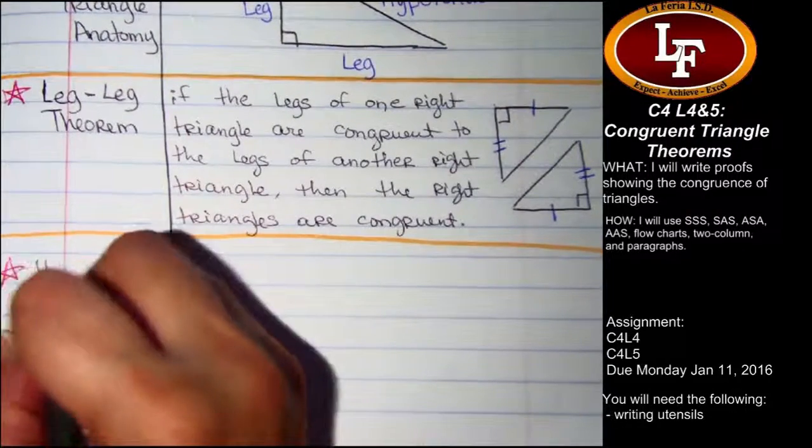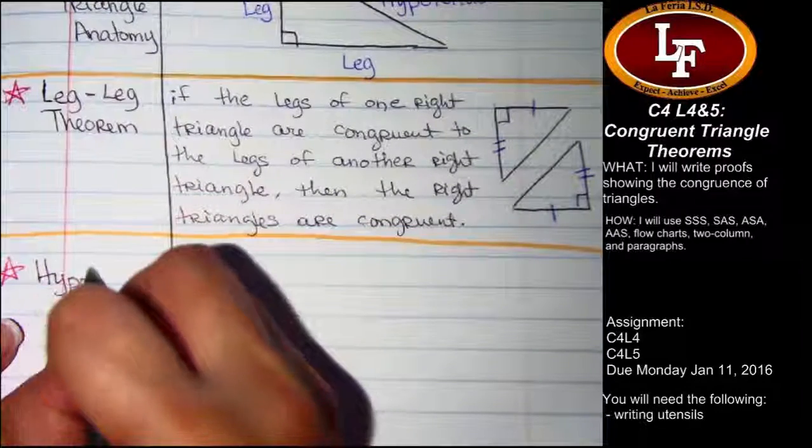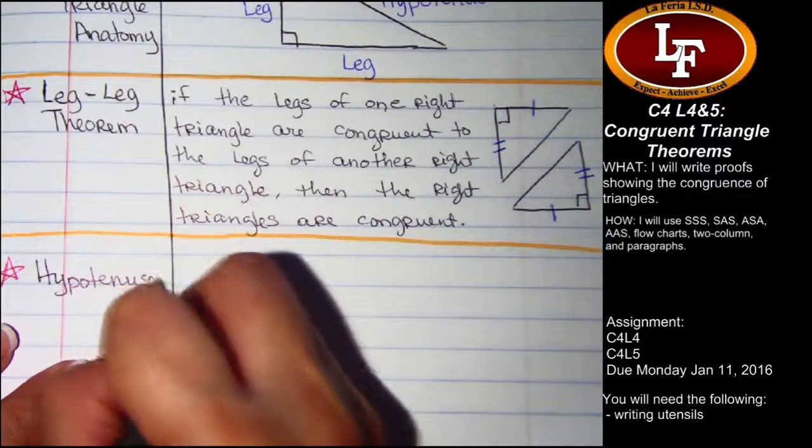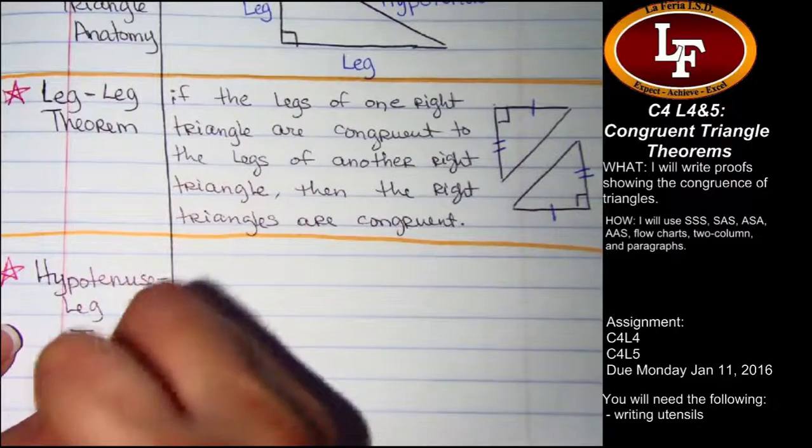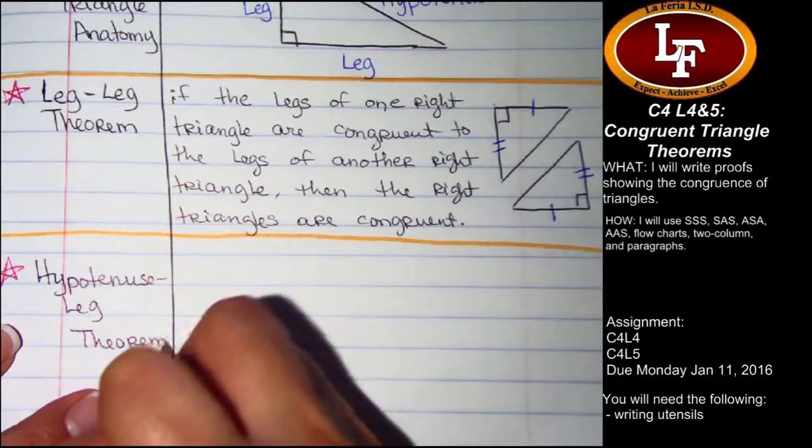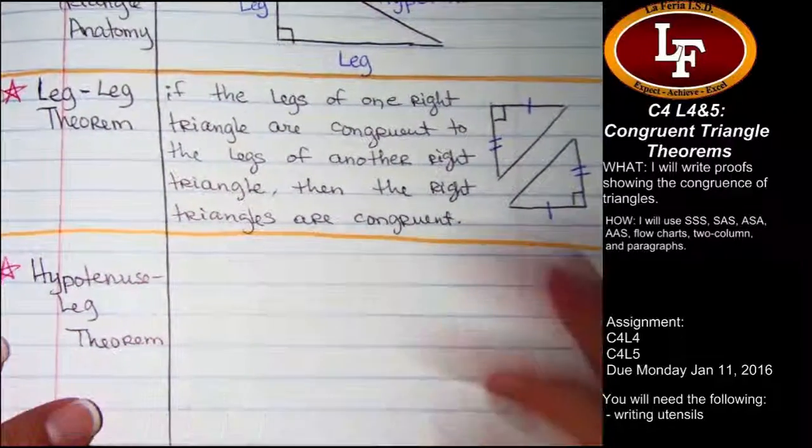Second right triangle theorem is the hypotenuse leg theorem. And it says this.